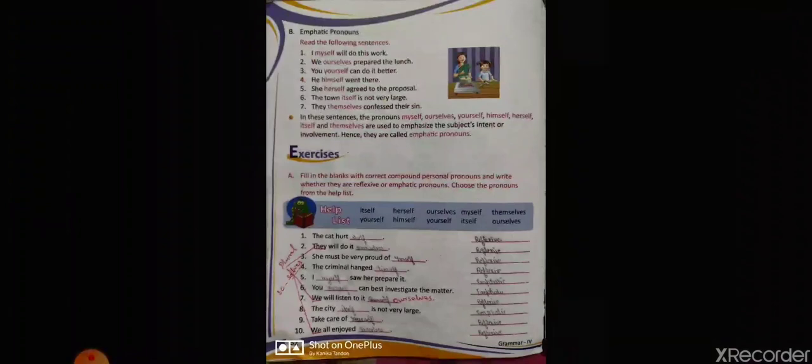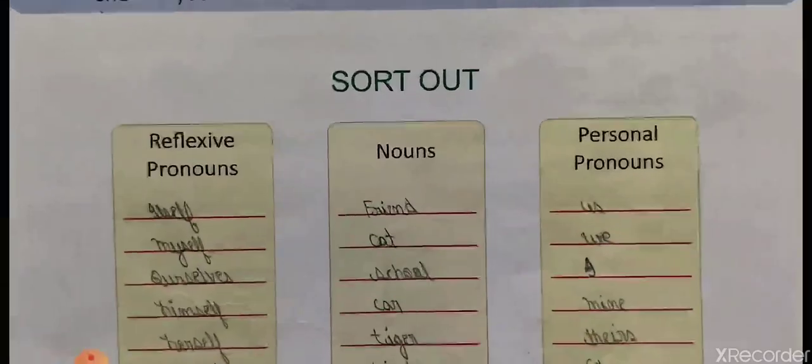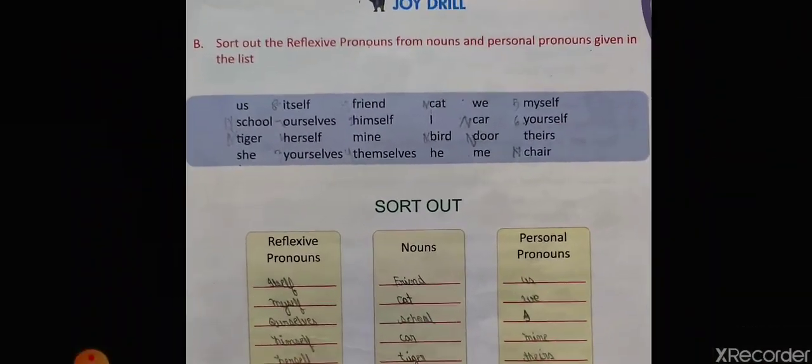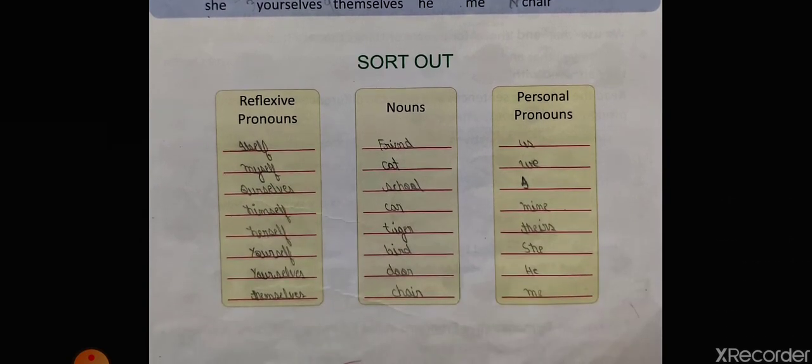Sorry, this is the next exercise. The second exercise is to sort out the reflexive pronouns from the nouns and personal pronouns given in the list. This is the help list, and we have to sort out which are reflexive pronouns, which are nouns, and which are personal pronouns.